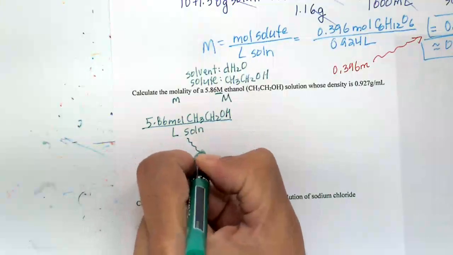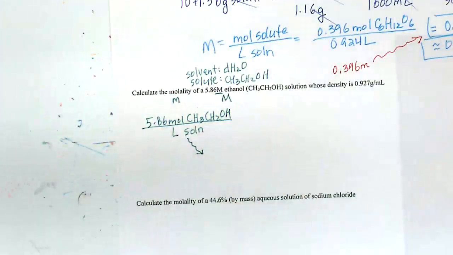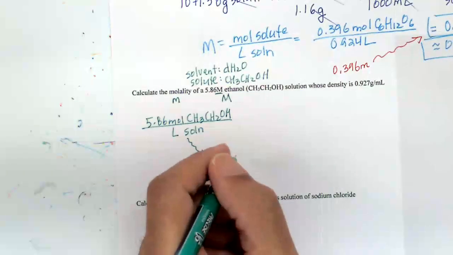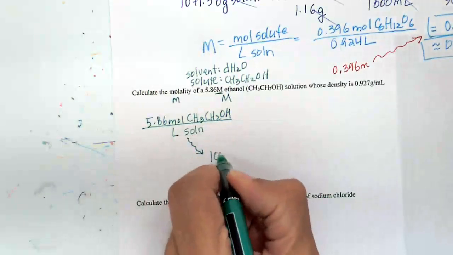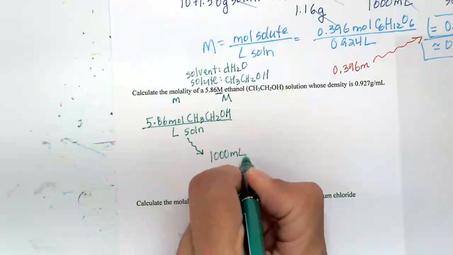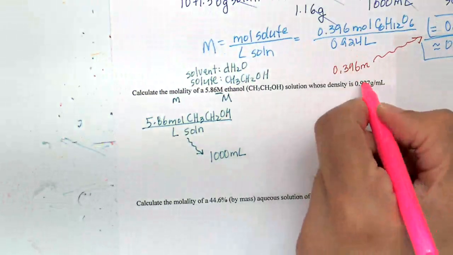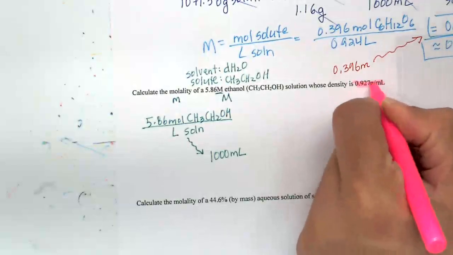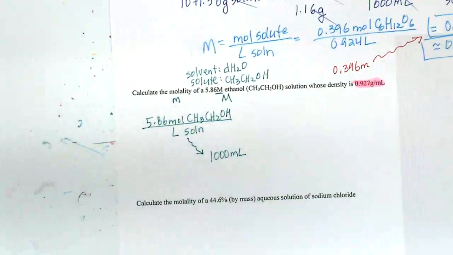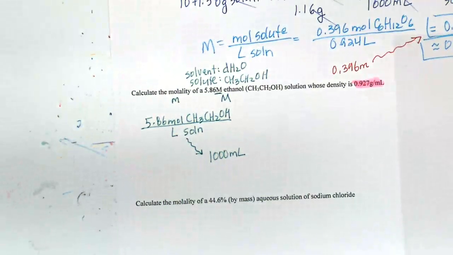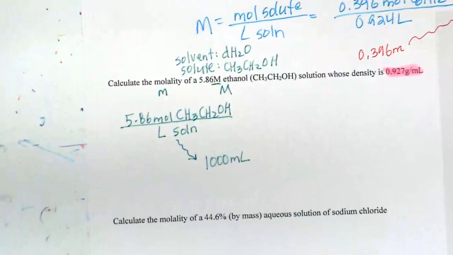So 1 liter of solution is actually how many milliliters? 1 liter is how many milliliters? We have 1,000 milliliters of solution. We have our density here, and we'll use this density to give us the grams of solution.